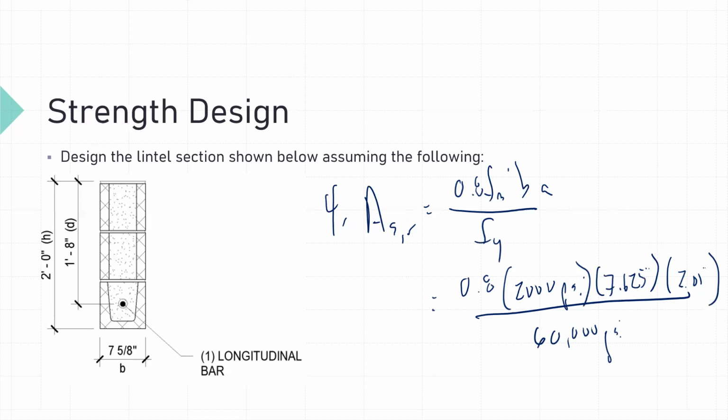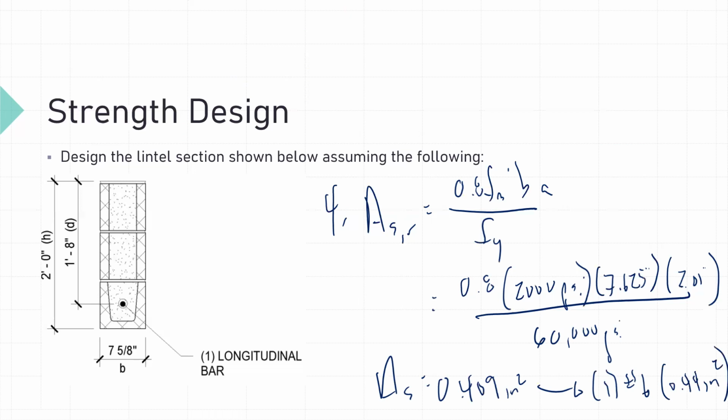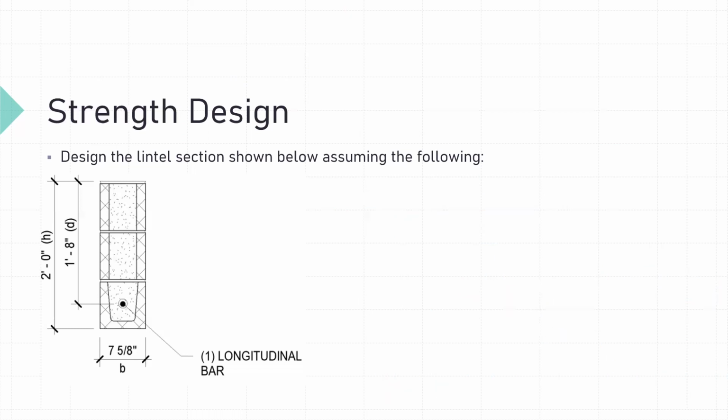And so if we plug all that in, our required area of steel comes out to 0.409 inches squared. And so we could use one number 6 bar, which again has an area of 0.44 inches squared to satisfy the requirements. Now we will check our minimum and maximum requirements.